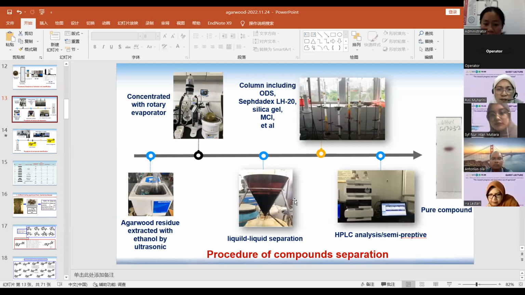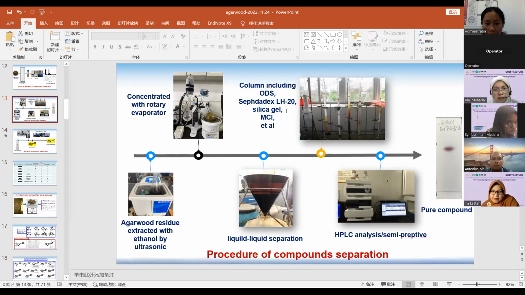After this, we use columns. Here we have different columns: ODS, FKIP, silica and MCI. At the beginning, we usually use silica gel under reduced pressure to separate them firstly.